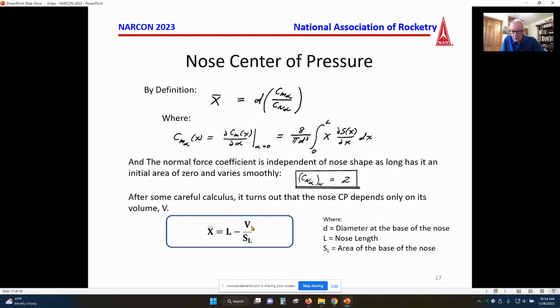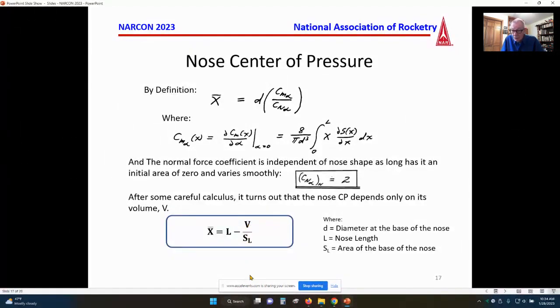This distance is actually from the base of the nose, and in order to relate it to the tip of the nose cone, you have to subtract it from the length of the nose cone. Fairly straightforward, but the volume is the key.